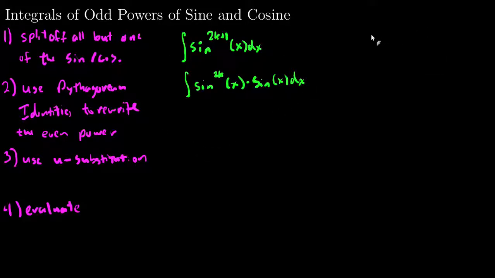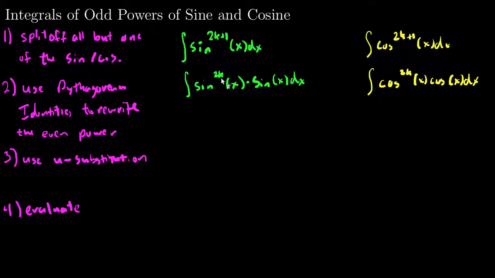Similarly, if I had the integral of the cosine to some odd power, 2k plus 1 x dx, then I can split off the integral of the cosine to the 2k of x times the cosine of x dx.